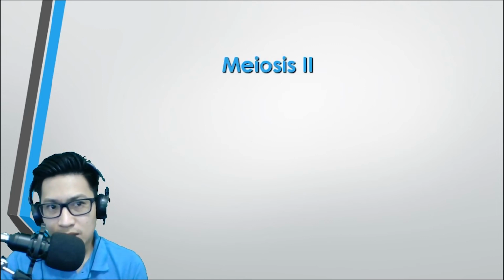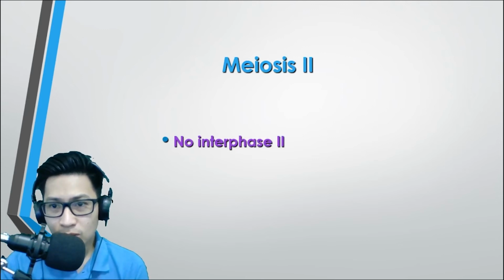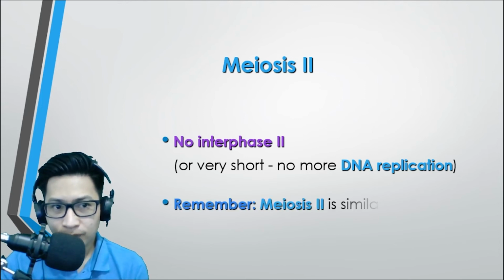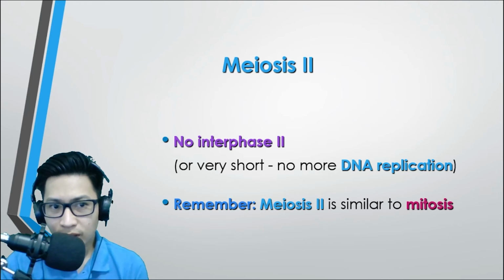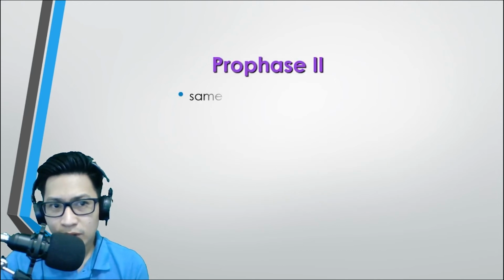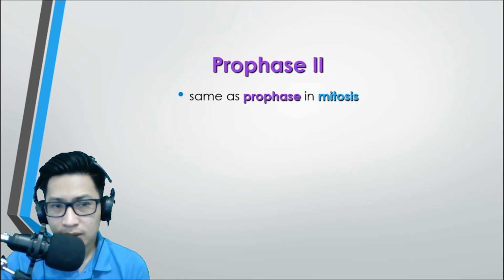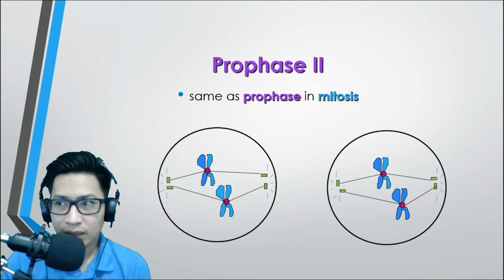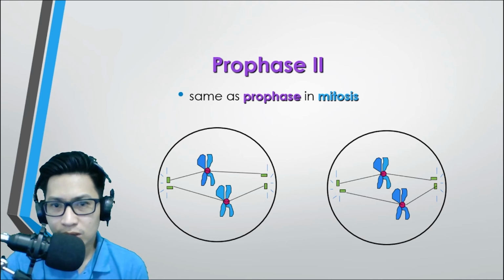Now, after the telophase and cytokinesis, the meiosis II will occur. There is no interphase II dahil wala nang DNA replication. Meiosis II is similar to mitosis. Okay? Like for example, the prophase is the same as the prophase in mitosis, in which the spindle fiber will attach to the centromere of each chromosome.